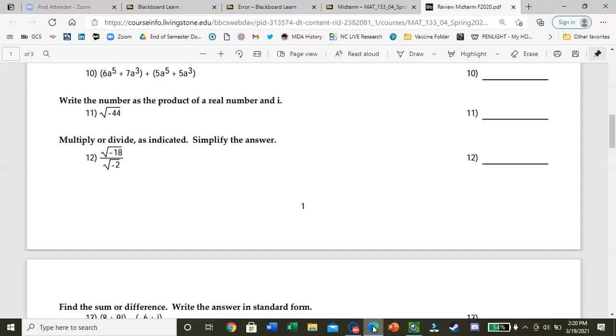Bring that negative out, make it an i, right? Okay? So we're going to go ahead and do this one. I'm not even going to ask because people tend to have some trouble with simplifying radicals. All right.